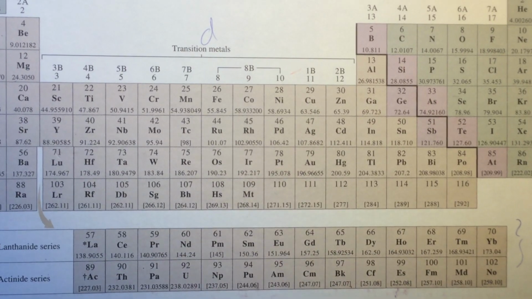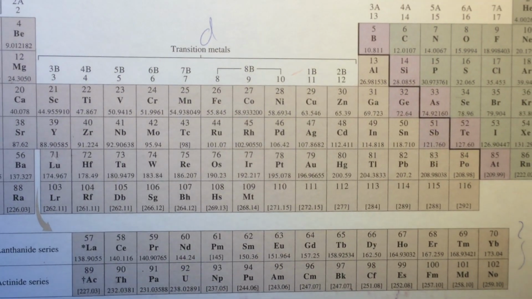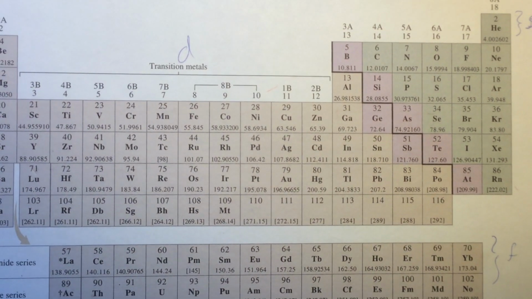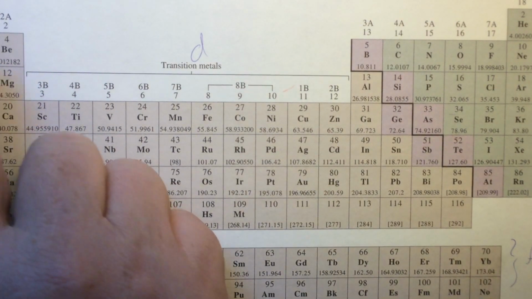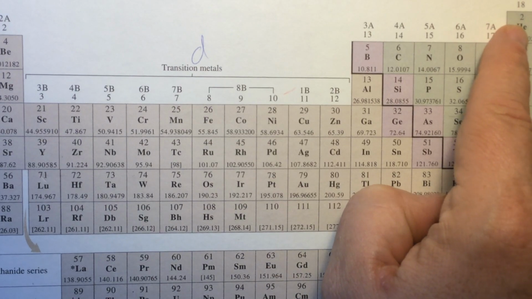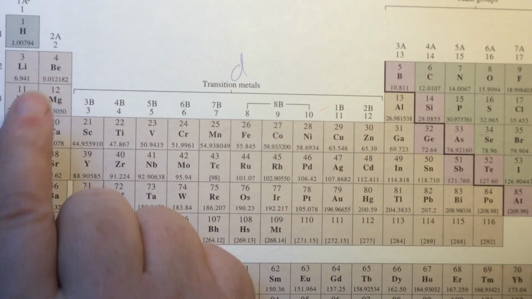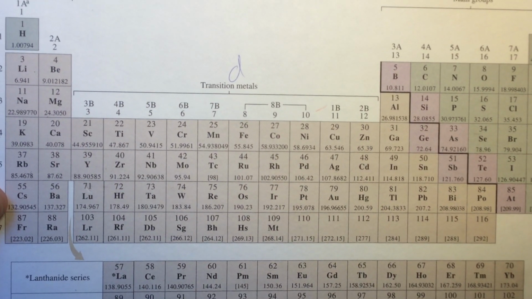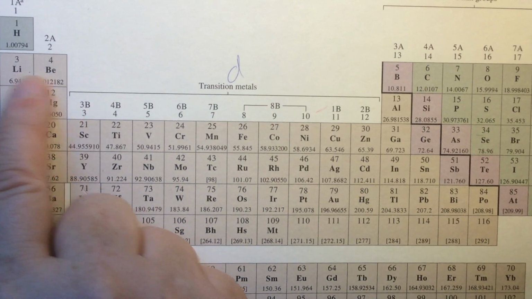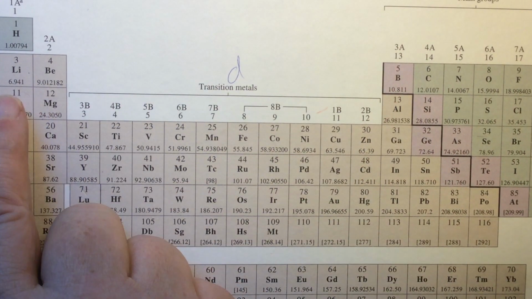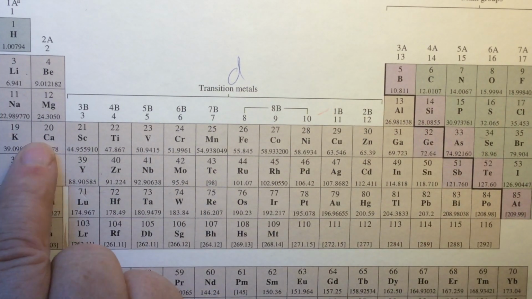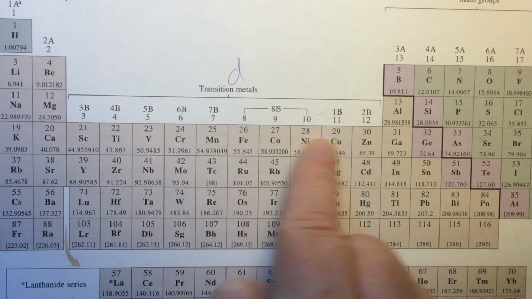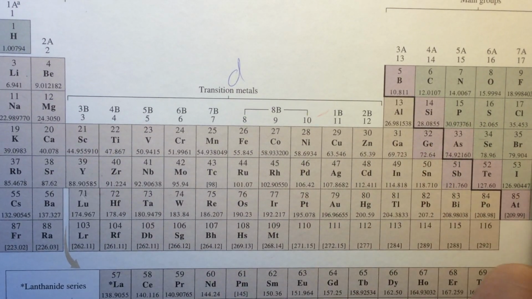Okay, so they're asking for xenon. Let's look at xenon first, and then we'll write it down. You're going to do 1s, 2s, 2p, 3s, 3p, 4s, 3d, 4p.